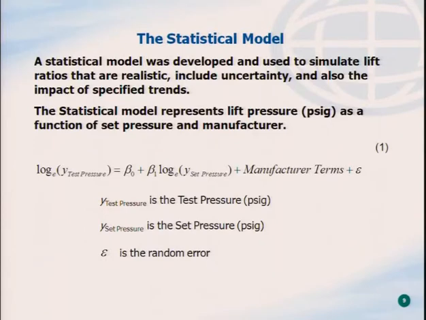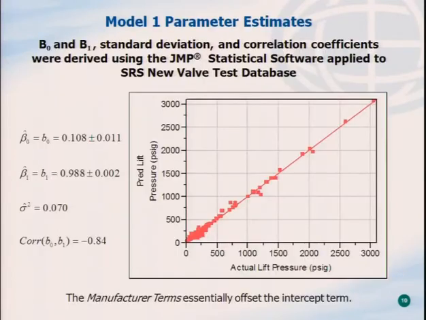I had estimates for the coefficients in the model, the beta 0, the beta 1, and different offset factors for the beta 0 term for each of the manufacturers within the model. And the error term at the far right, just random error following a normal distribution with zero mean constant standard deviation.